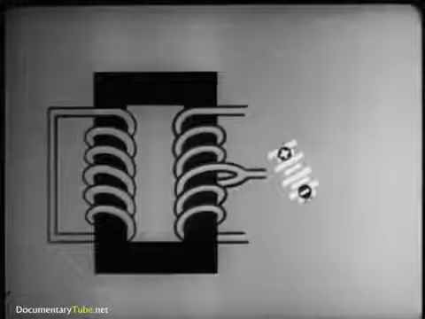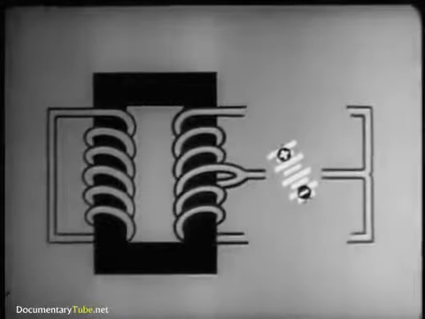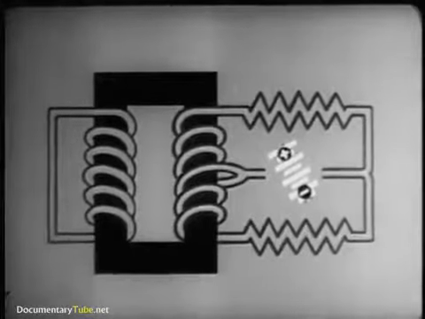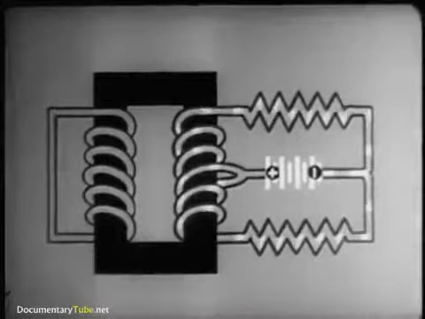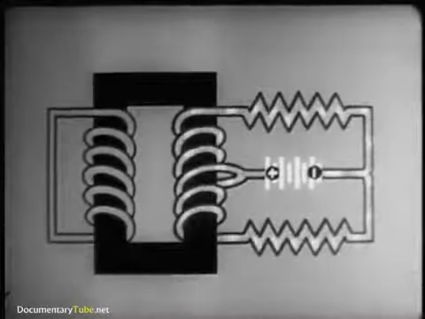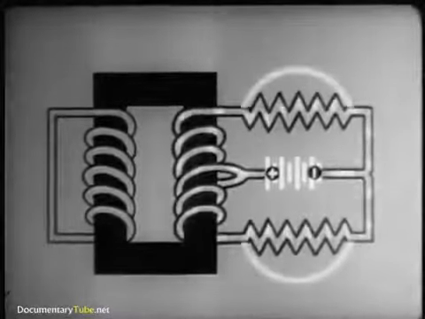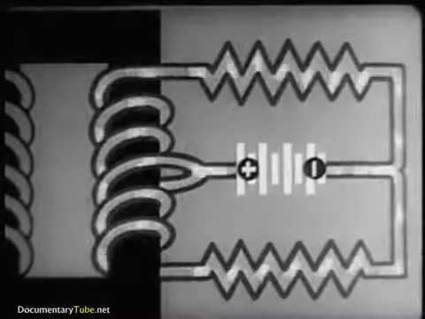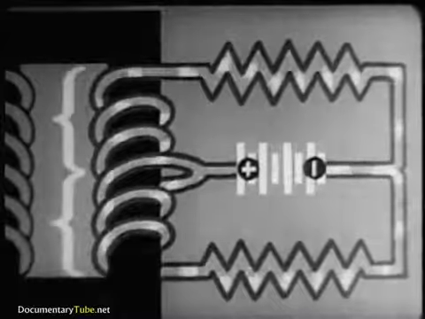Source, and connecting the other side through equal resistances to both ends of the winding. Now let's close the circuit and watch the path of the current. Because the resistances are equal, the current divides equally between the 2 halves of the winding.